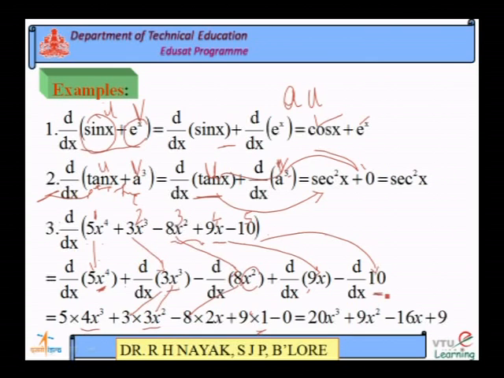Differentiation of any constant is 0. Finally, 4 into 5 is 20x cube plus 3 into 3 is 9x square minus 8 into 2 is 16x plus 9 into 1 is 9 minus 0. This is the example.